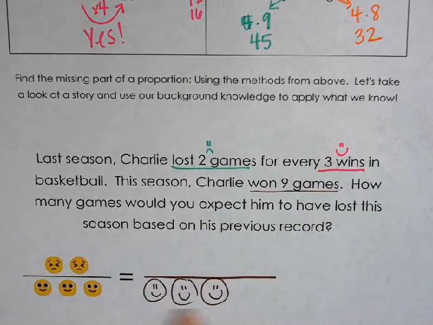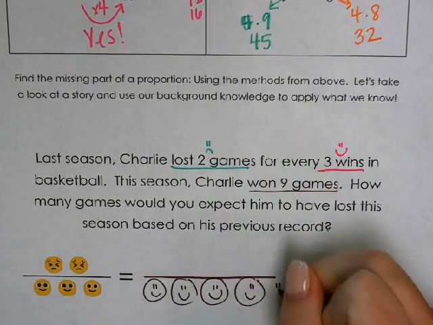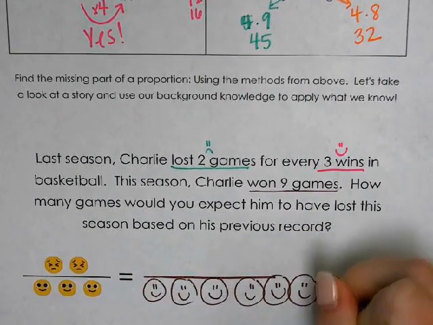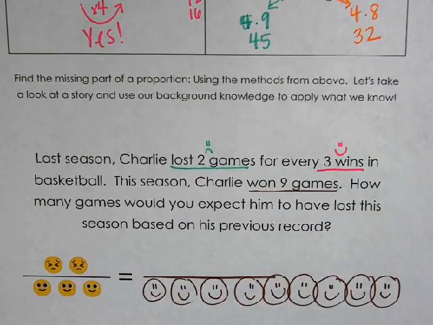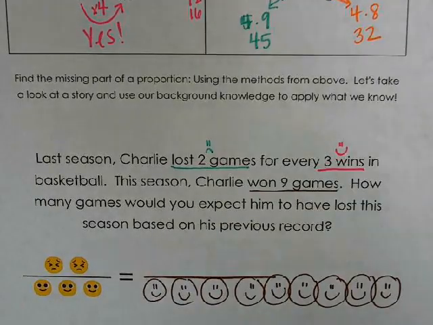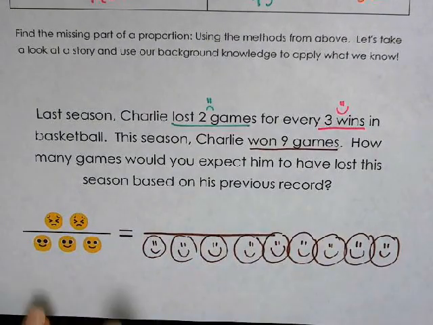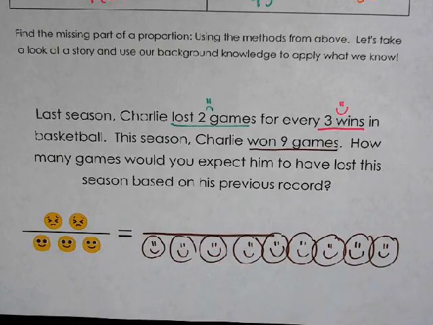Well, there's a set of 3 smiley faces, 4, 5, 6, 7, 8, 9 smiley faces. With these 9 smiley faces, I'm trying to understand how many frowny faces I would have. Is there a pattern or grouping I can use that would show a relationship of how this works?